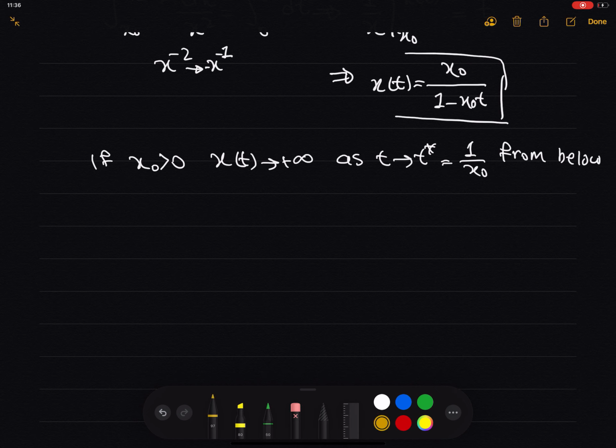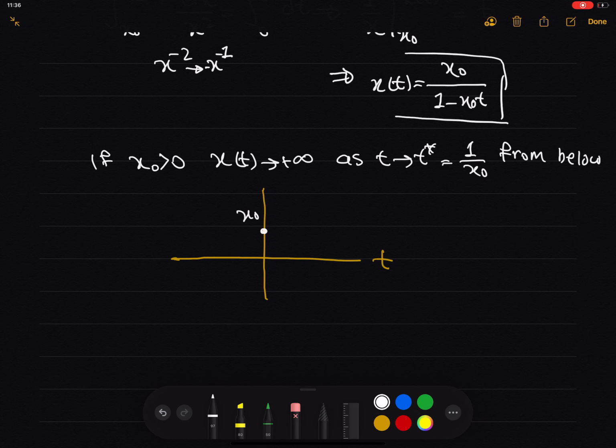If we plot it, for a positive x0, this is x(t), and x0 can be here, for example.